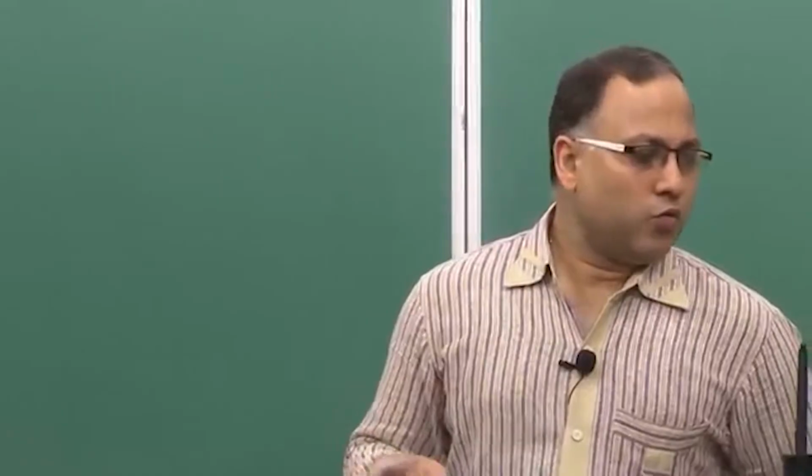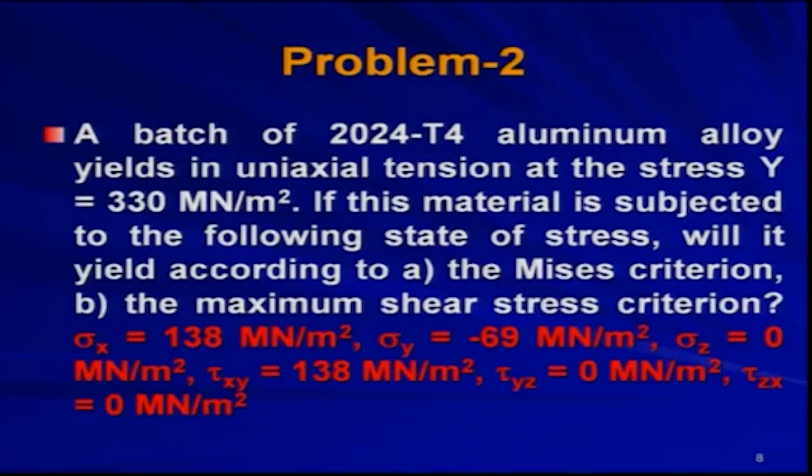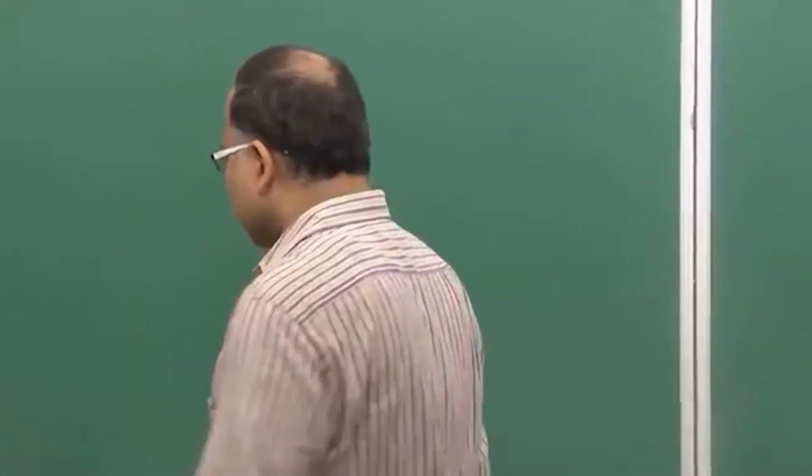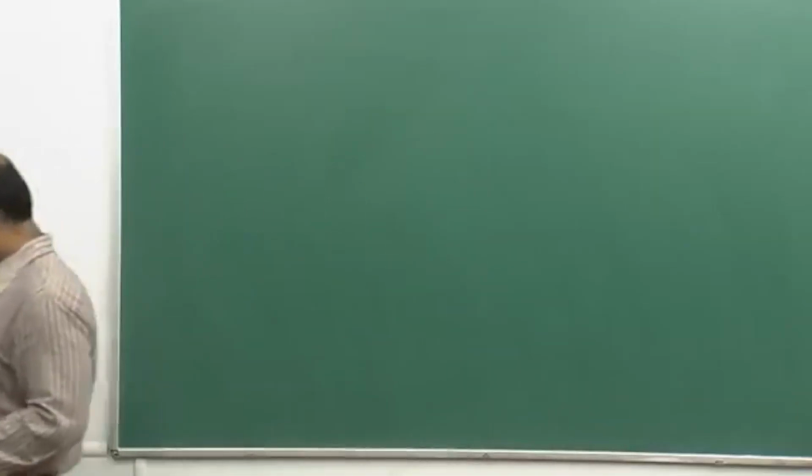In this problem, the stress components are given in the x y z coordinate system, so we are going to find the stress components in the principal coordinate system, that is the 1 2 3 coordinate system. So, let us start the problem.